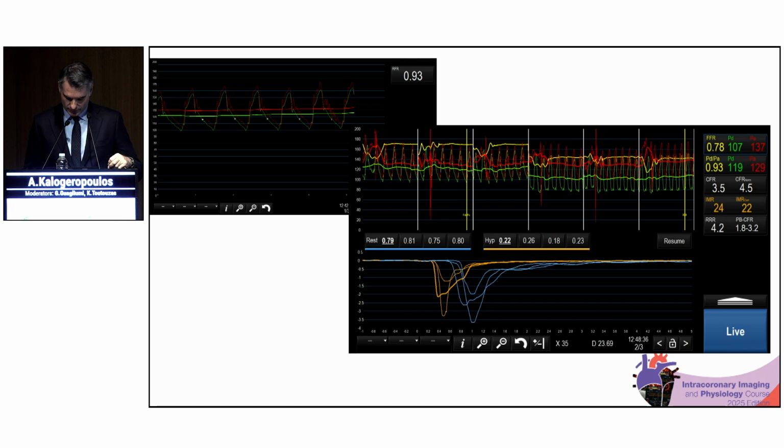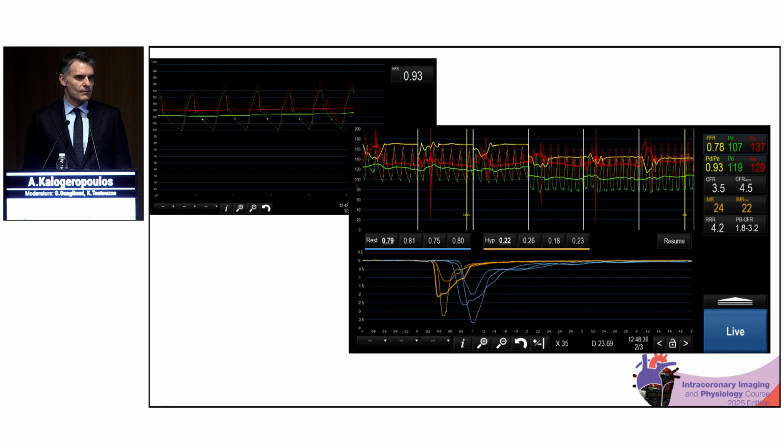So next step. Andreas did the microvascular function, and we see quite a normal CFR. So CFR is 3.5. There's a discrepancy between CFR and FFR. There was a study that looked at that and didn't show any added value.